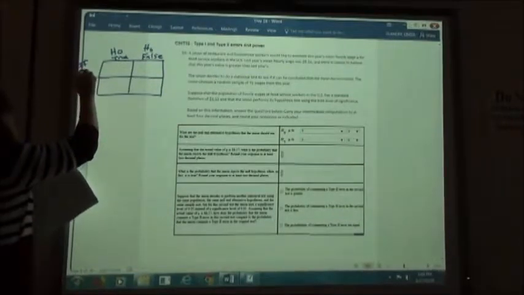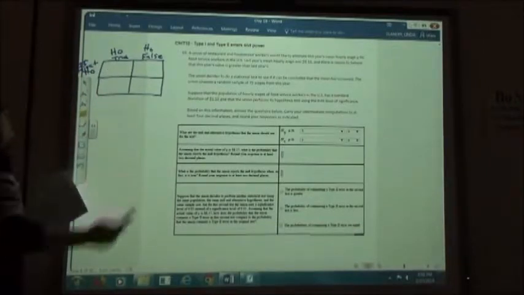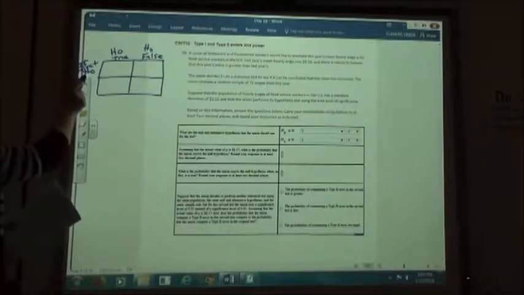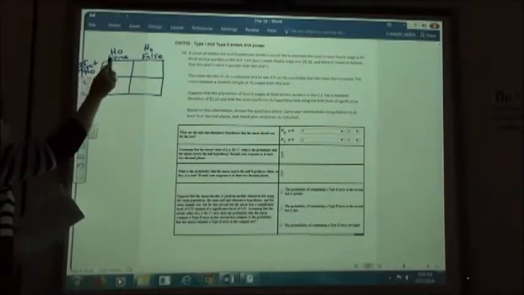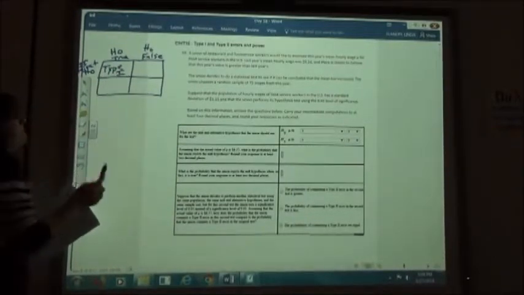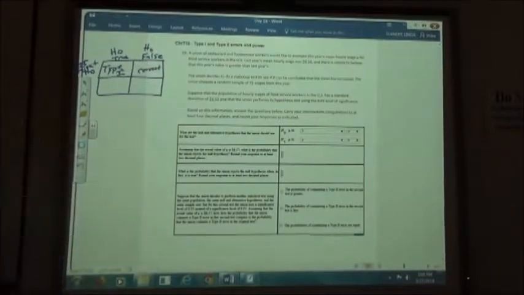If we reject the null and the null was really true, then we have what they call a type 1 error. This would actually be the true statement. If we reject it and it was false, that's the true thing to do.